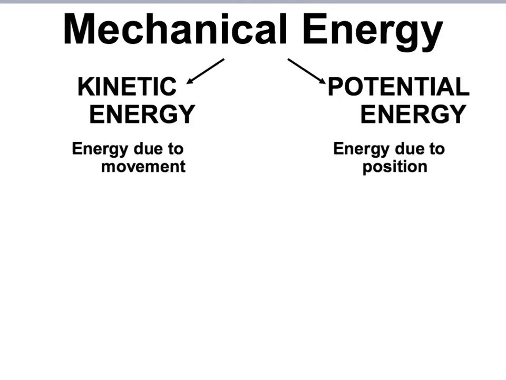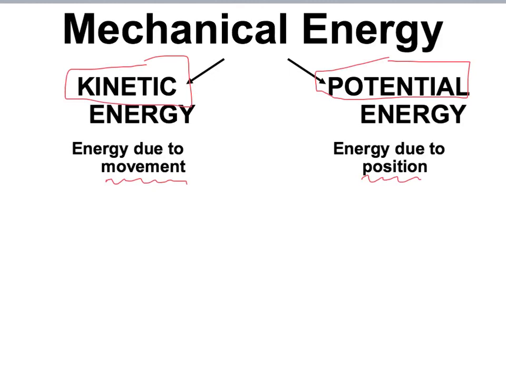The two types of mechanical energy are called kinetic energy, and that's the energy due to movement, or potential energy, and that's the energy due to position. Now the subject of tomorrow's video is going to be kinetic and potential energy, or the different types of energy, so we'll save some of this for tomorrow.